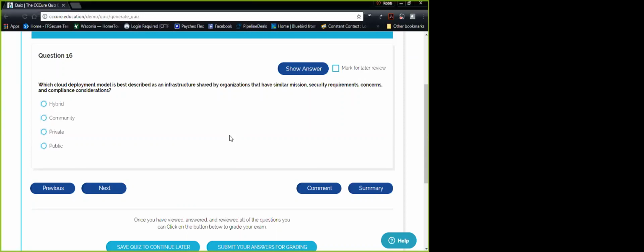The way I'm reading that, it's shared by multiple organizations that have similar mission, security requirements, concerns, and compliance. So the public cloud wouldn't match all that. It's not private, it's either hybrid or community. I think it's hybrid. Hybrid is private and public. So community? There you go, look at that.